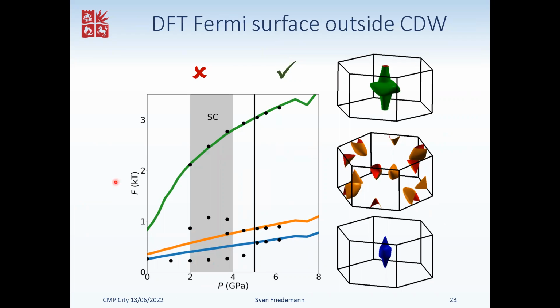So you can see these frequencies here increasing. This tells us that all these Fermi surfaces are growing, and we're definitely going out of that regime that is required for excitonic charge density waves. So we certainly are not in an excitonic charge density wave anymore at 2.5, 3 GPa. And this could explain the change from commensurate to incommensurate in principle.